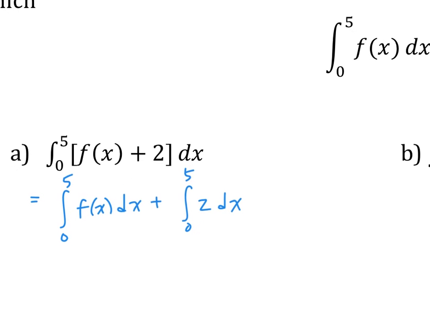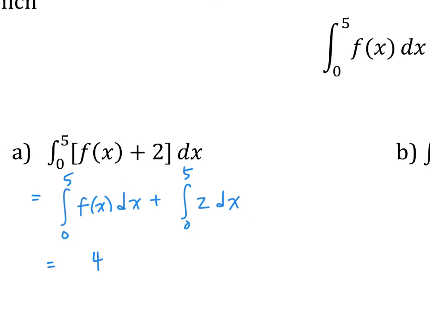This is 4. This is 10. The length is 5, the height is 2, so 2 times 5 is 10. That's a rectangle.